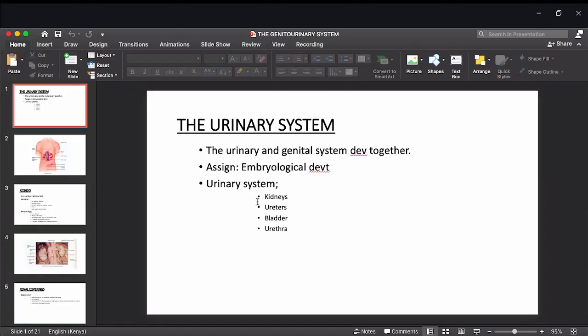We did the pelvis when we were covering the lower limb, so we will not dwell so much on the pelvis, but concentrate more on the perineum, where we'll want to cover the uterus, the ovaries, the reproductive system in a nutshell. That's what we'll do in this outline for the genitourinary system.